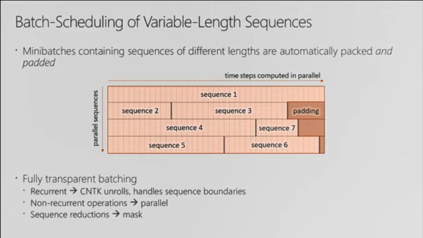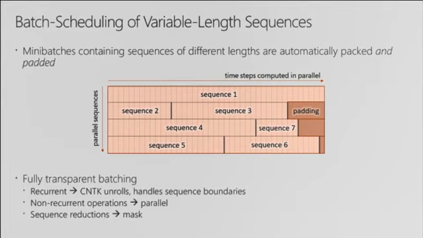This is an example of packing 7 sequences to compute with 4 GPU computation units. You can observe that the amount of padding we add is much smaller than if we didn't do this. So in CNTK, this batching process is completely transparent. The user basically writes sequence processing based on a single sequence, and CNTK automatically does everything for you.